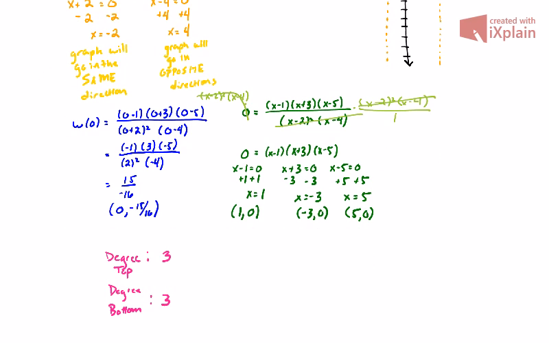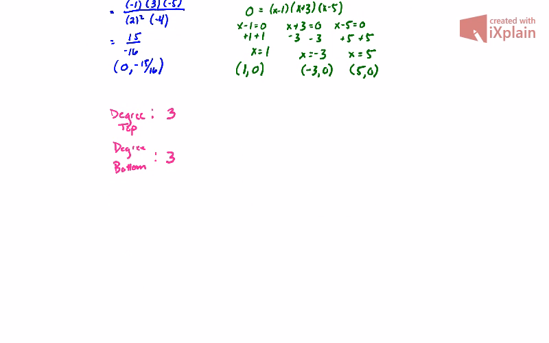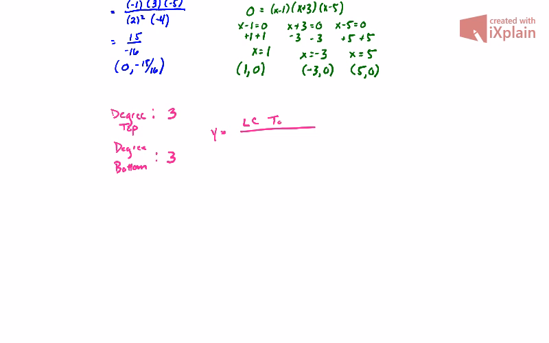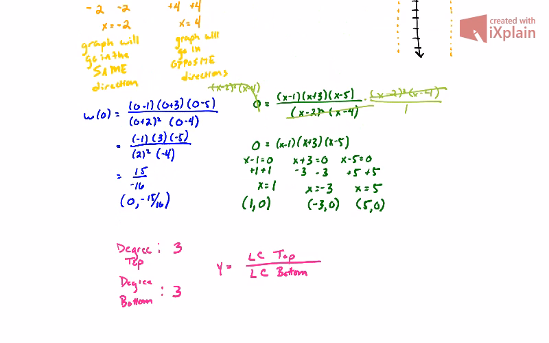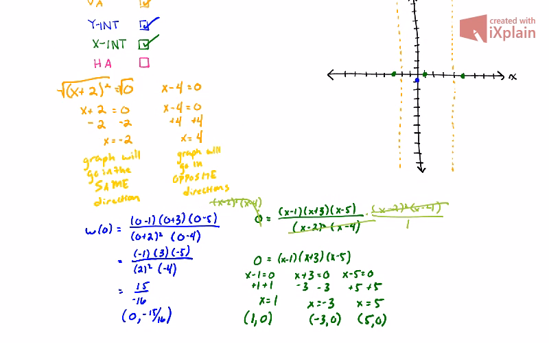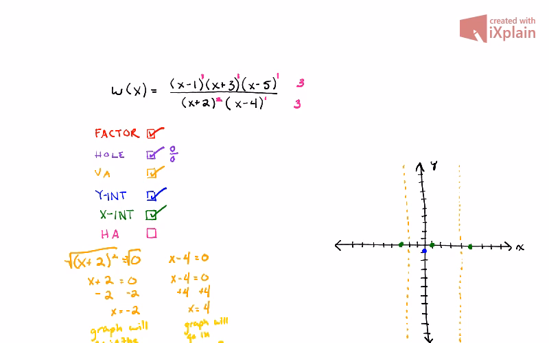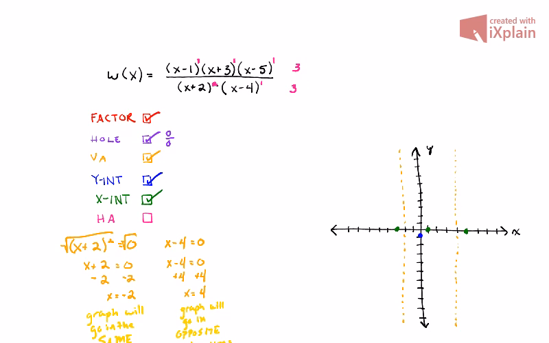So coming back down here, since the degree in the numerator and denominator equal each other, in order to find out what the horizontal asymptote is we take the lead coefficient of the top and the lead coefficient of the bottom. Okay, so slingshotting back up there. As you can see, there is no lead coefficient that we visibly can see.